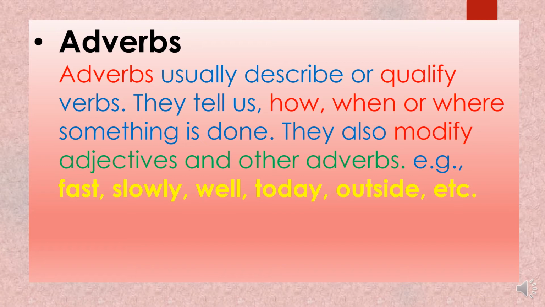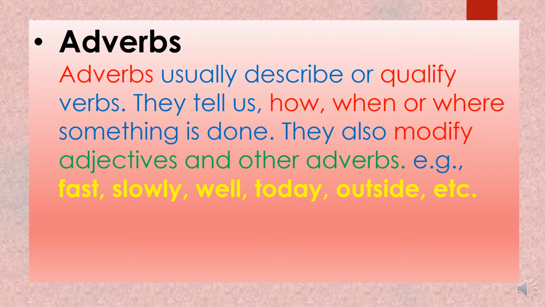So adverbs basically qualify the verbs, the action that is taking place: what kind of action, how the action is taking place, when it is taking place, or where it is happening.